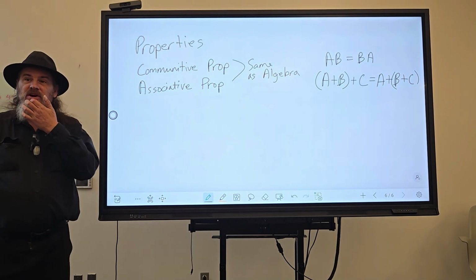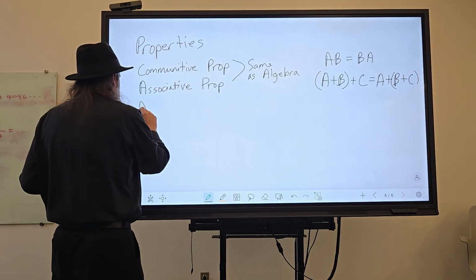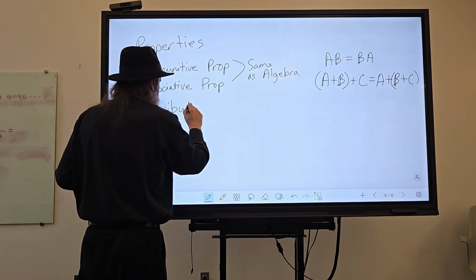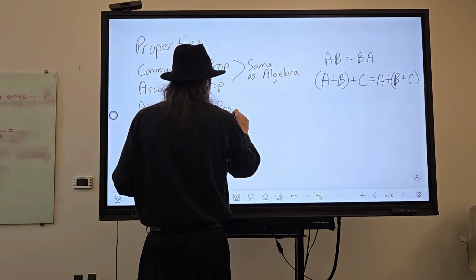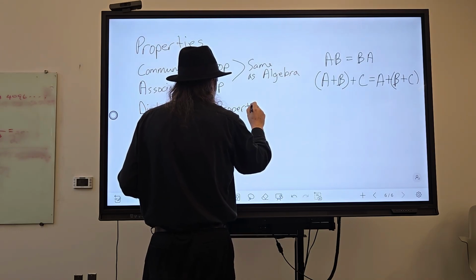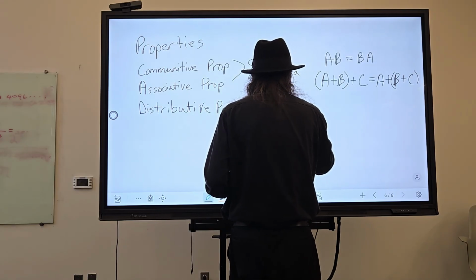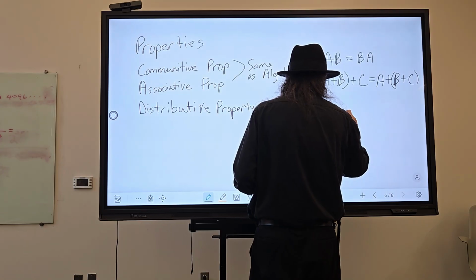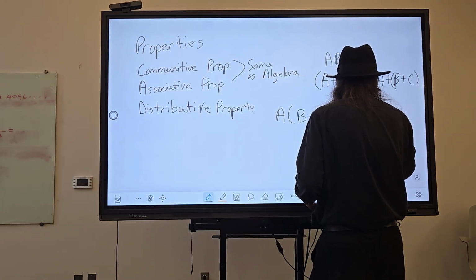Where things get a little weird is the distributive property. Now, A times B plus C is the same as algebra.